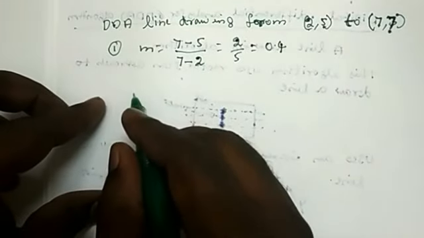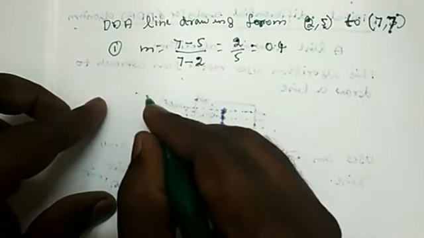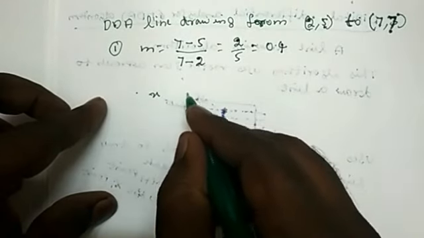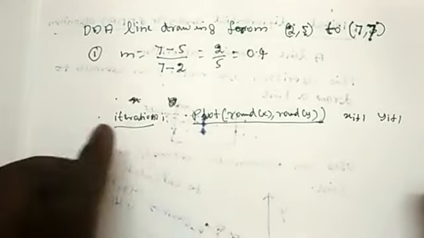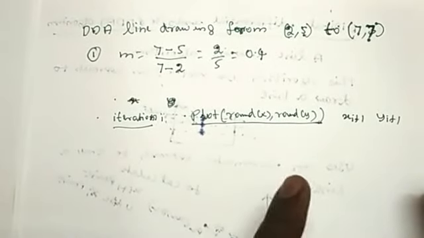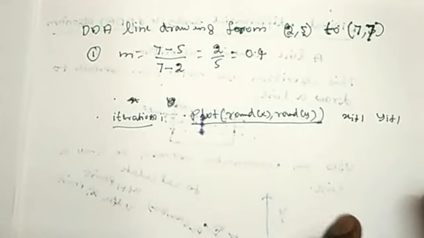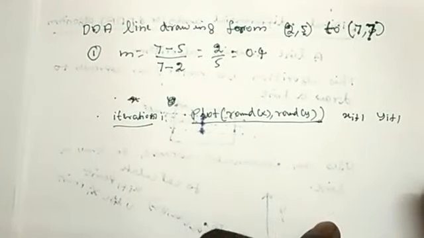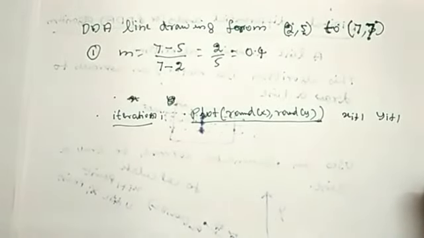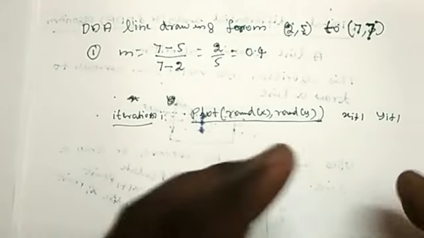We will first plot x, y with this algorithm. To draw a line you need a set of coordinates, so we will use this DDA algorithm to find the subsequent coordinates from x1 to xn.